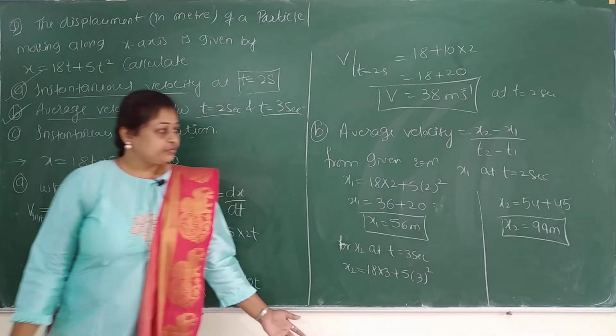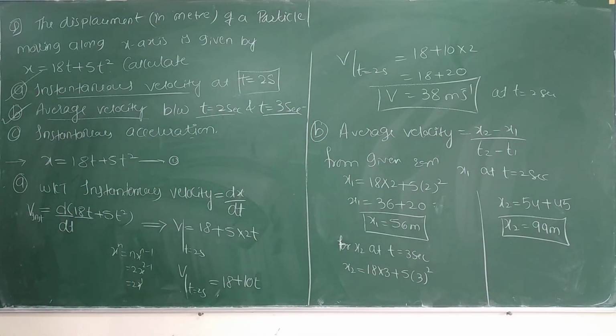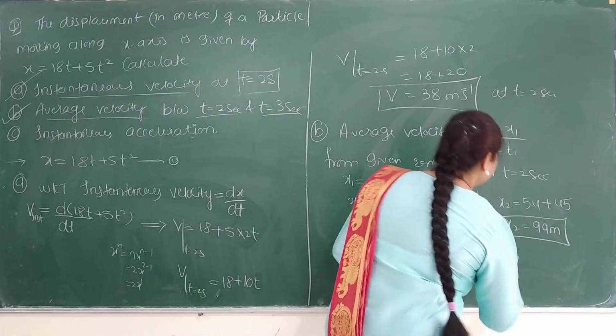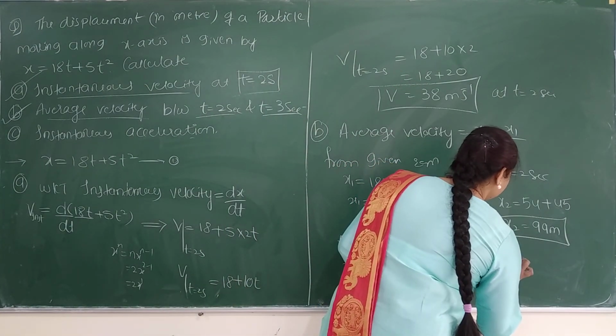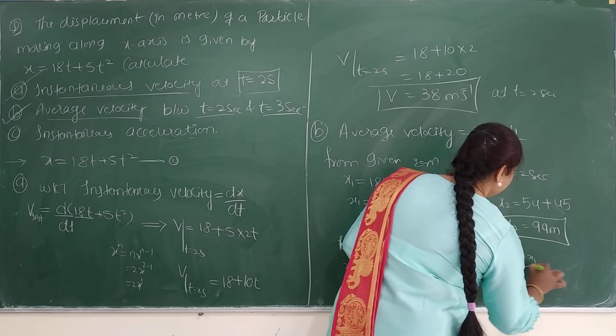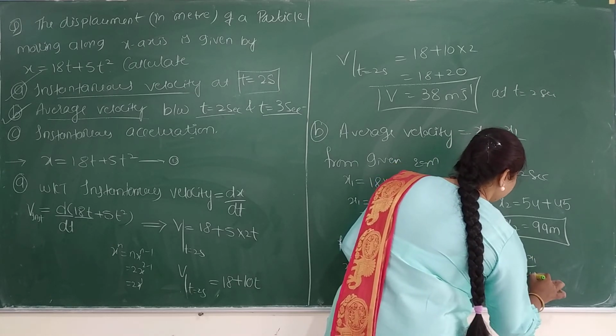Now you know the value of x1 and x2. Substitute in the equation, you will get the average velocity. Average velocity equals x2 minus x1 divided by t2 minus t1.